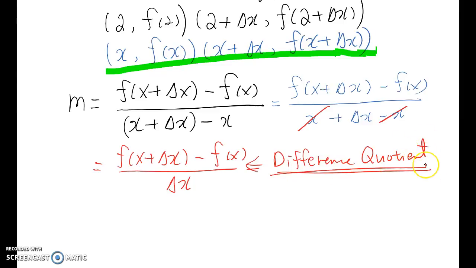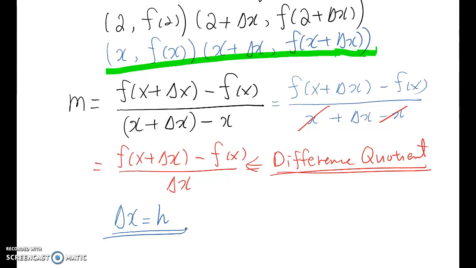So this formula is really important now because we will apply this formula to define the tangent line slope as well. Many textbooks, because our textbook uses Δx, but many textbooks very often use Δx equal to h, since Δx looks a little bit complicated.